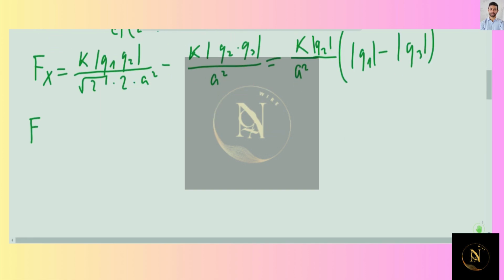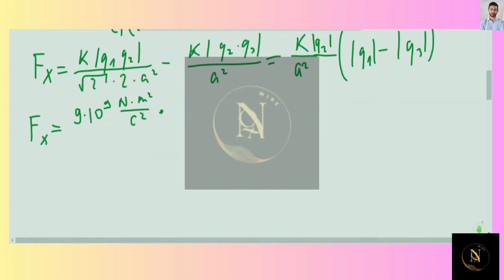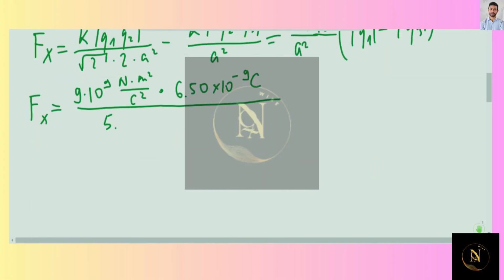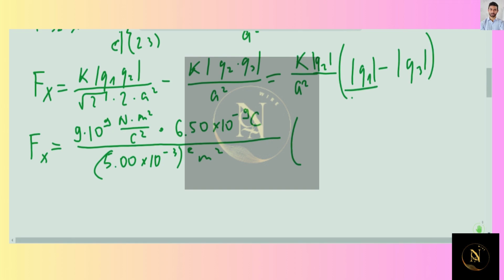This force Fx equals 9 multiplied by 10 to the power of 9 newtons meter squared divided by coulomb squared, multiplied by Q2, so 6.5 multiplied by 10 to the power of negative 9 coulombs, divided by 0.00 multiplied by 10 to the minus 3 squared, and it's all multiplied by, I forgot to divide this by 2 square roots of 2, obviously.